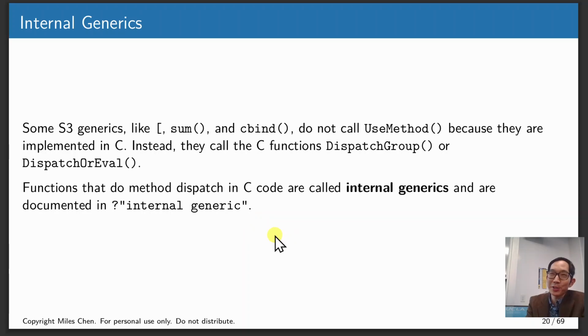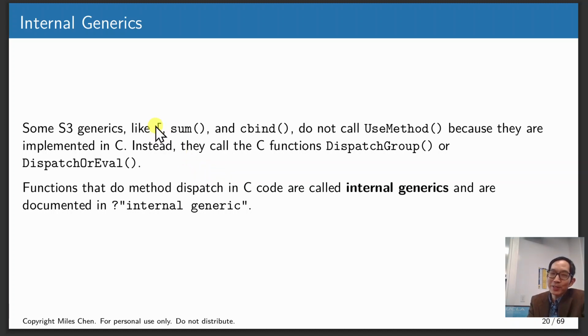There are also other generic functions. These are internal generics. Again, all of this is handled in the background, so you don't have to worry about it, but it would be remiss to not include this. Functions like sum are generic functions, but they are C functions, and they're built in. So this is an internal generic.